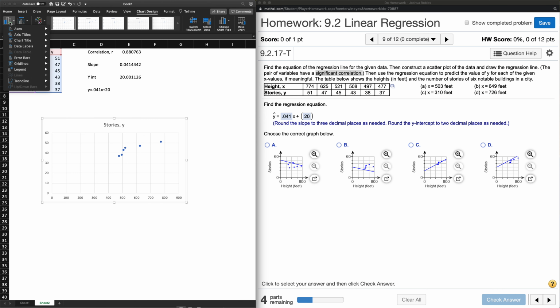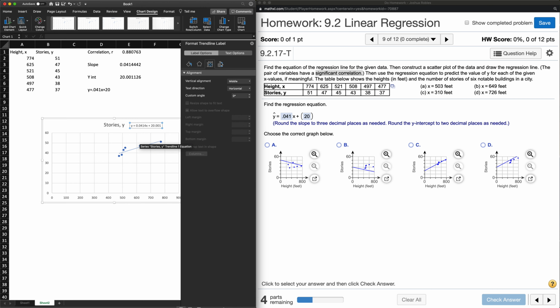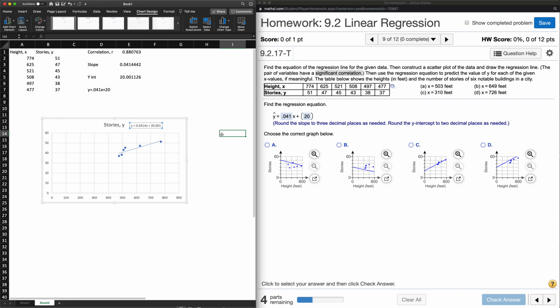If we go to Add Chart Element, Trendline, I'm actually going to go to More Options first. So I want linear, and you can see it's already there now. And I can also choose to display the equation on the chart. So this is another way I could have quickly gotten the regression equation.